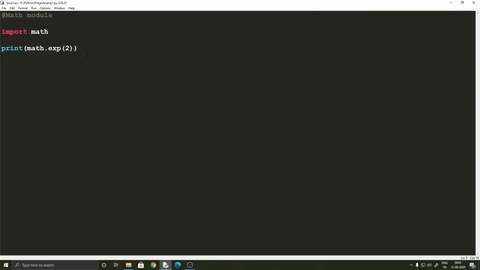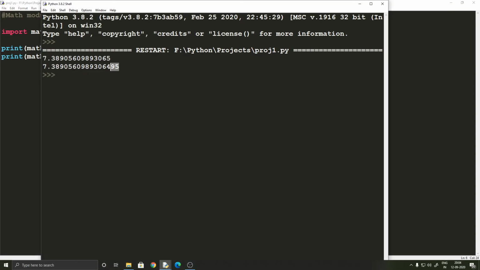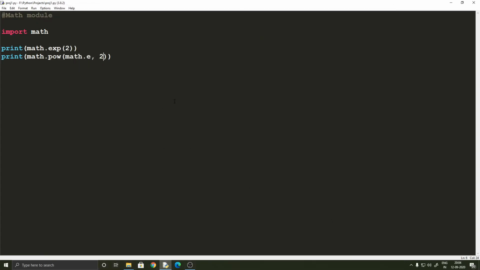And you could also obtain this number by math.pow function, and let's check if the two values match. So as you can see, they are almost the same. And I guess that's it. These are the most important functions which people generally use from the math module.